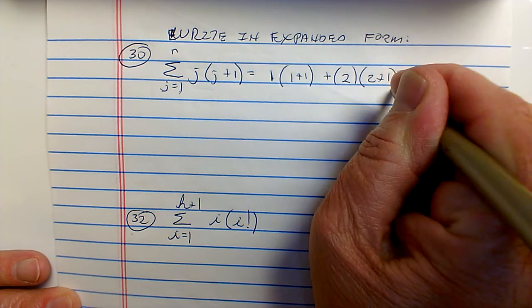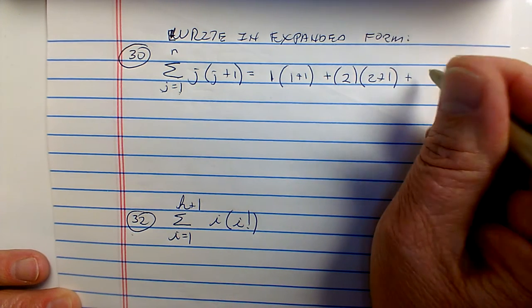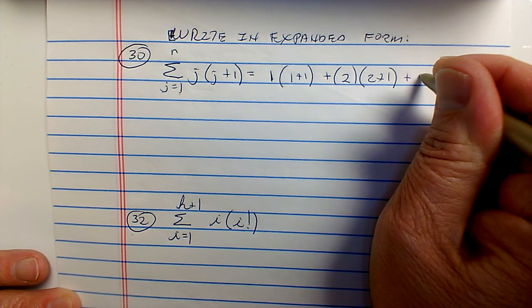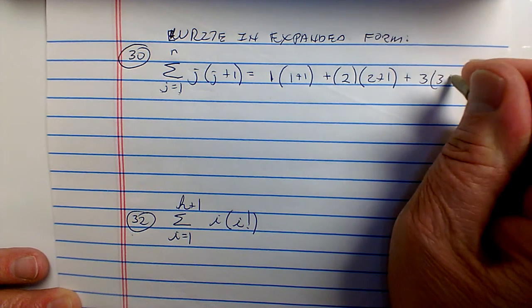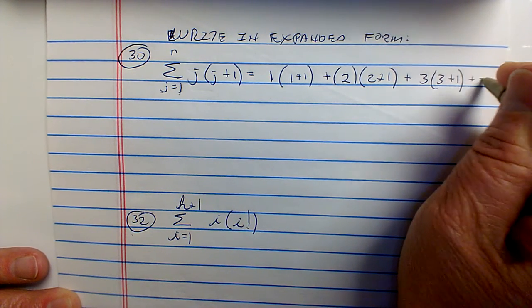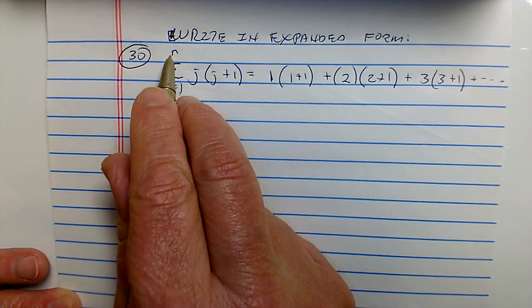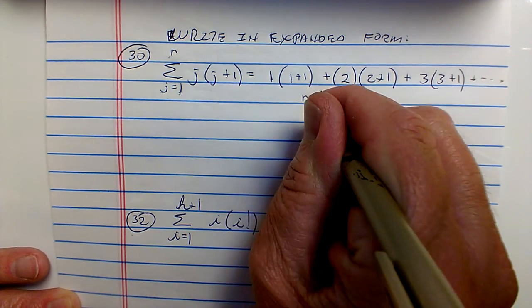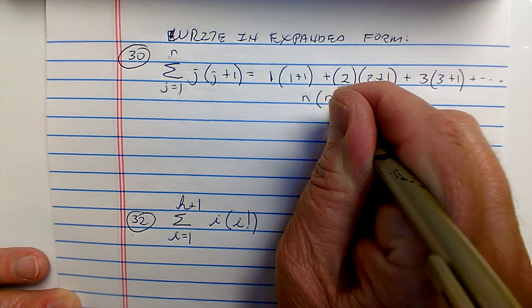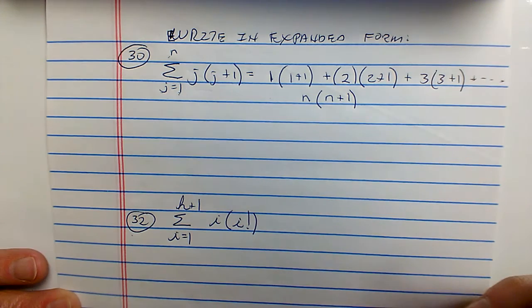2 plus 1. The third term is going to be 3 times 3 plus 1. And this will go on up until we get to n. So the last term is going to be n times n plus 1.